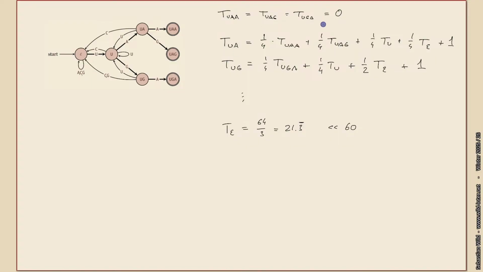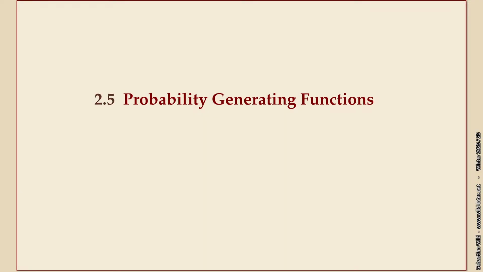If I'm at this accepting state, then the expected further steps is 0, and for all the others, there's some random component that tells me where to go. I'm always adding 1 step. That's happening for sure. And then depending on the random outcome, I might have more steps to take. That gives me a system of linear equations. And okay, I'm not going to show it again. We solved this essentially using SymPy.